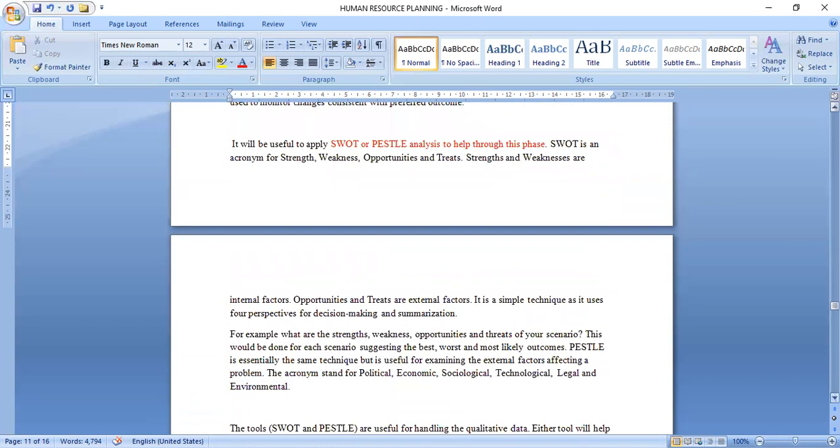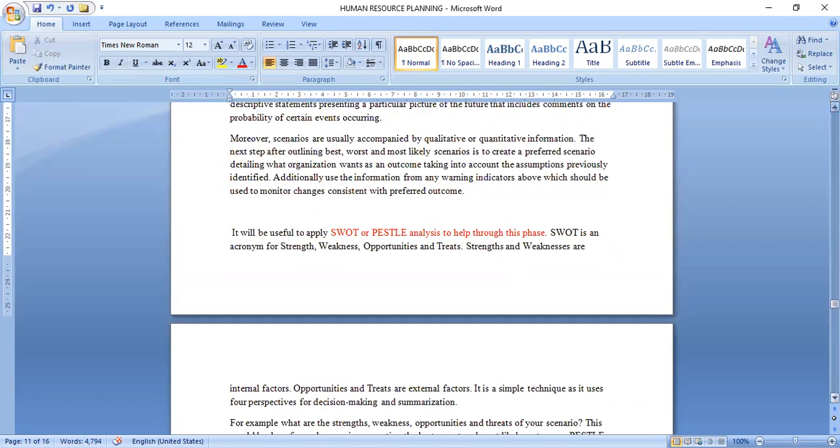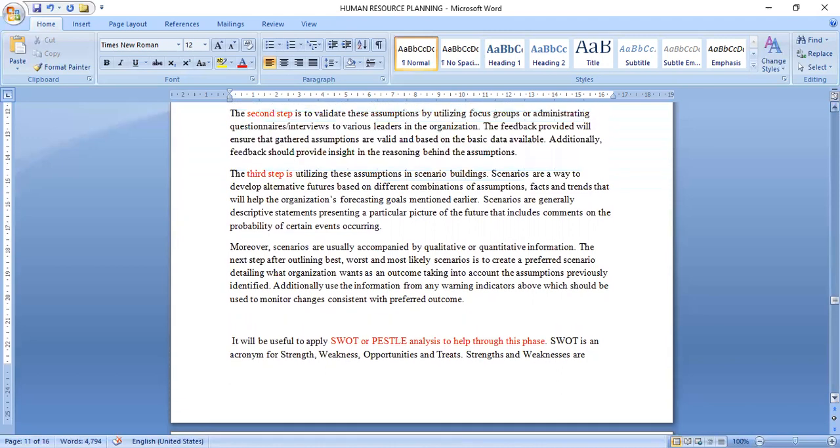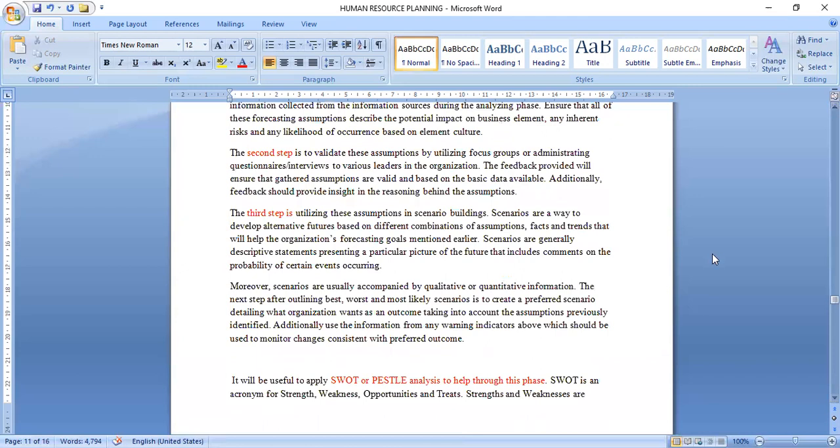So with forecasting, we can still use what we call the SWOT or the PESO analysis to help us work through this, to help us do the forecasting.